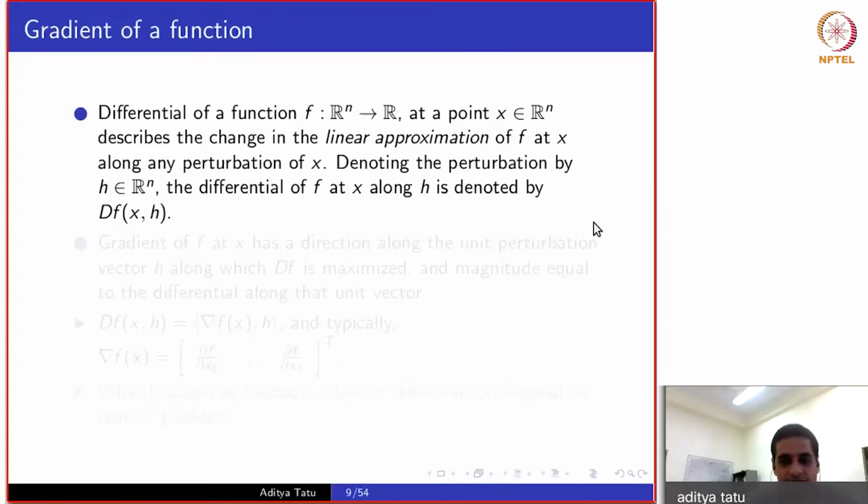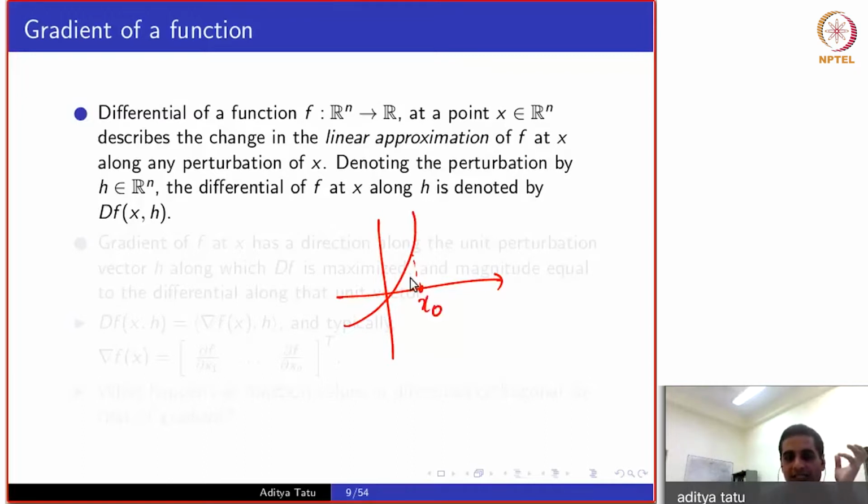The differential of a function is basically doing a linear approximation of the function around that point. So if I have a function that looks like this, and I take a look at this point, the function is not linear, right? It is maybe x square or x cube or something. It's definitely not linear, but I want to approximate the value of the function around this point as a linear function.